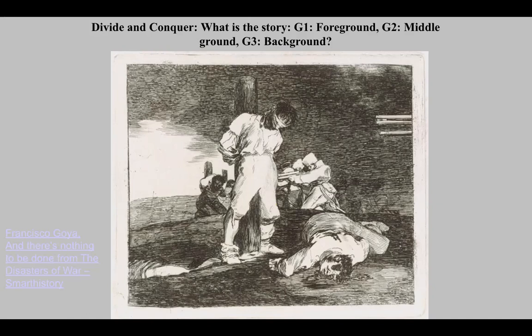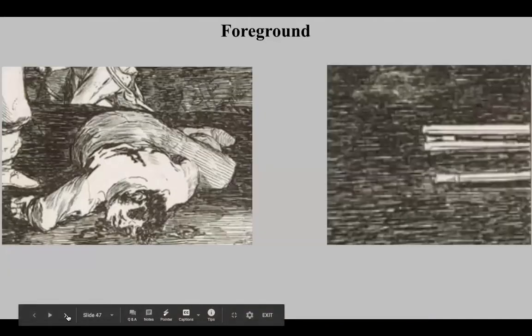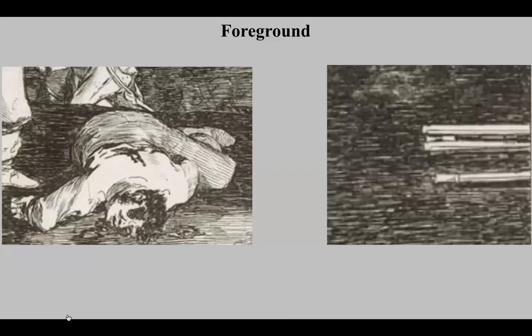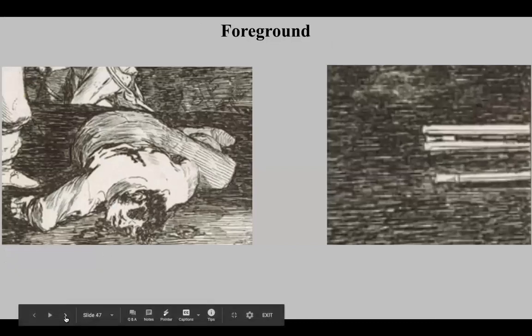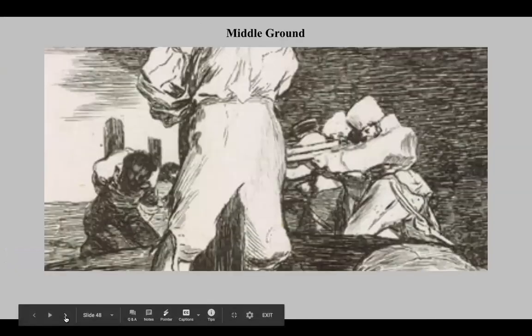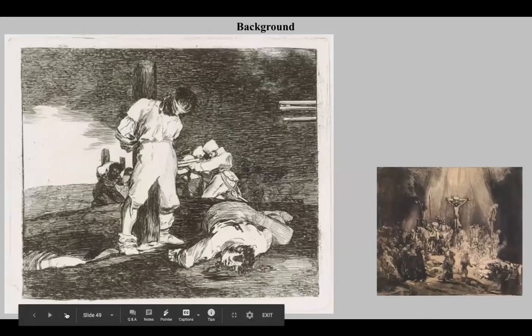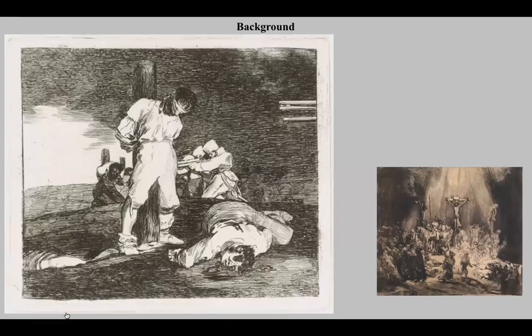Good. And so we'll just look at these close-ups here of what's in the foreground. He's using etching, and you can see how he's shading with little lines cut into the metal. And so here he's giving us a real full story about what happens with warfare. Now, he would have known about the prints by people like Rembrandt.